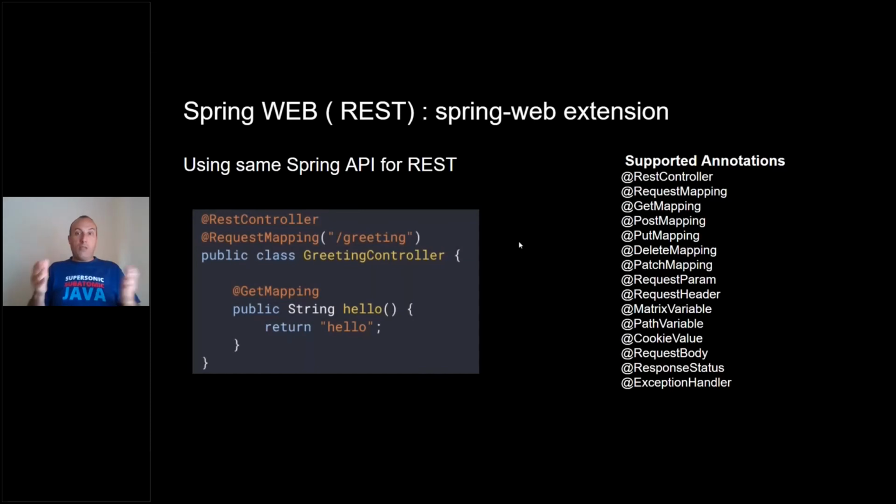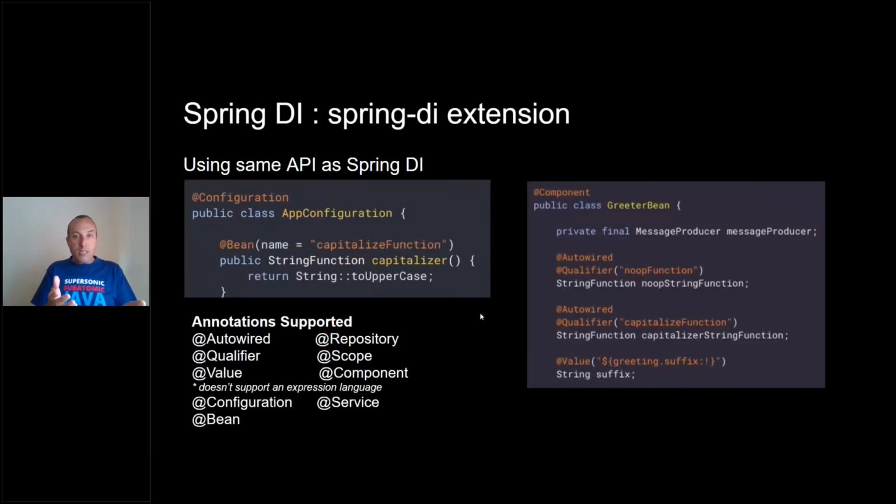So for instance, if you are using Spring Web, okay, here are the supported annotations that you can use in your code. So if you're using them, don't touch your code, just simply use the Spring extension and that's it. The same with the Spring dependency injection.